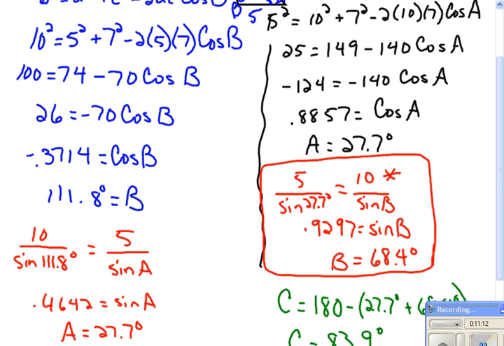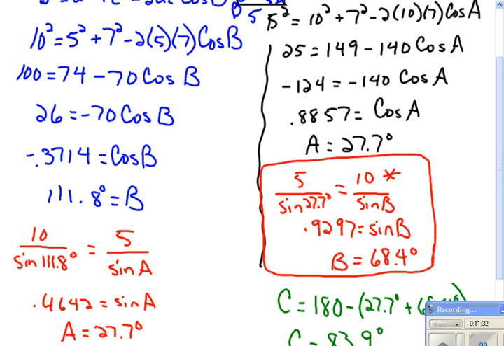But in this case, it was an obtuse angle. And your calculator is not going to give you that second quadrant angle for law of sines because it can't give you the first and second quadrant angle at the same time. So it only gives you the first quadrant angle.